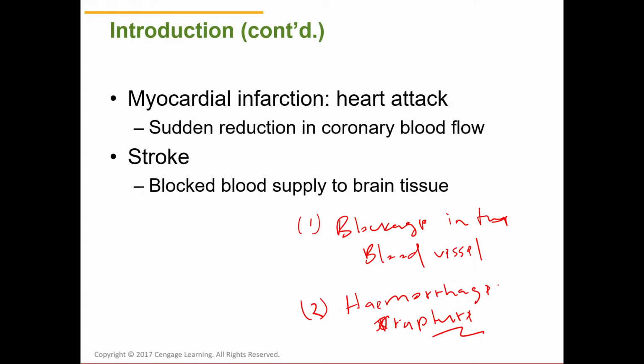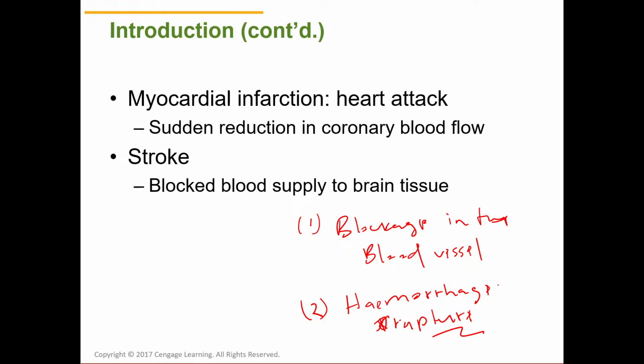They start bleeding there, so the blood is not flowing to the place that it's supposed to flow. So that's what hemorrhage is. Rage is rupture, hemo is blood.